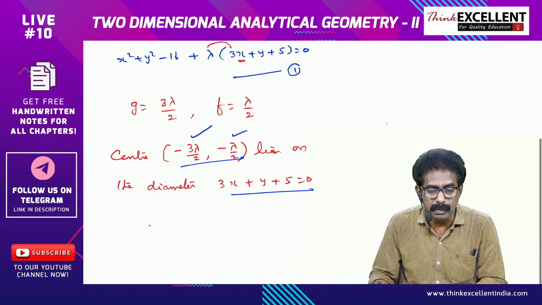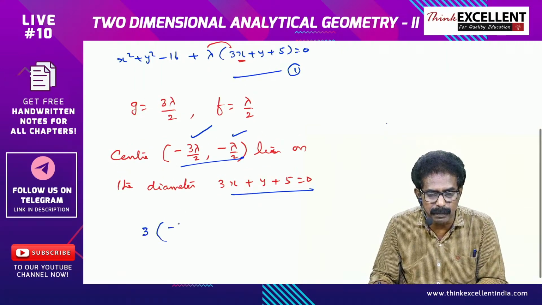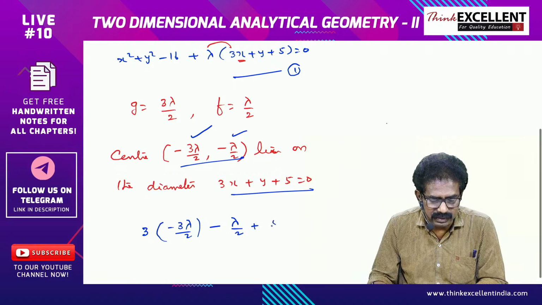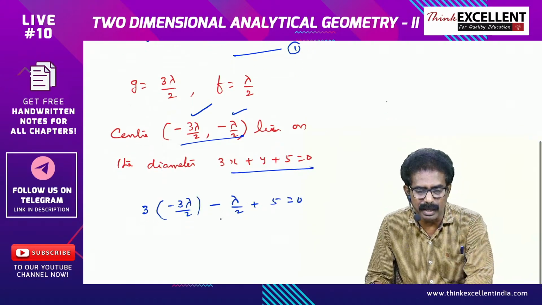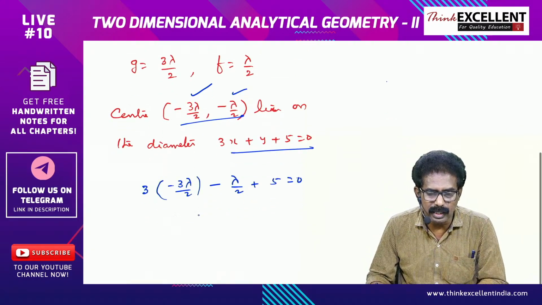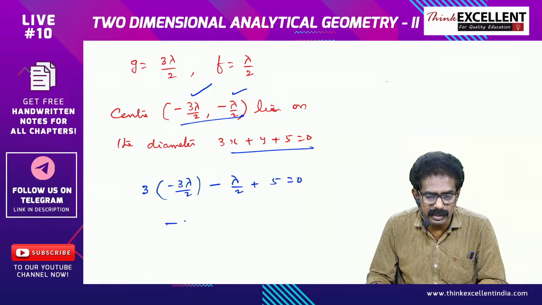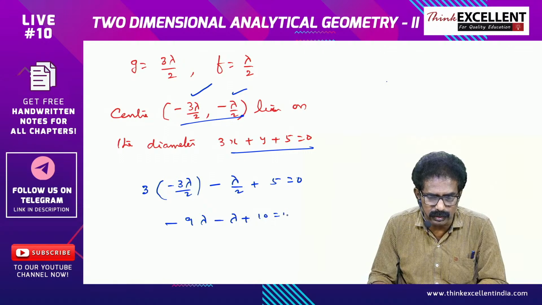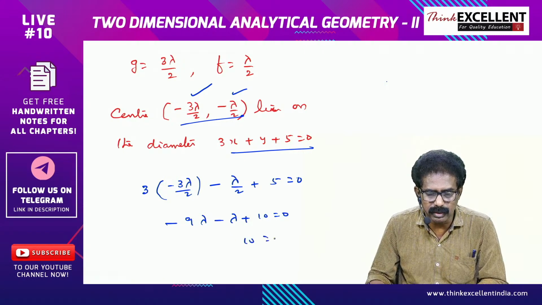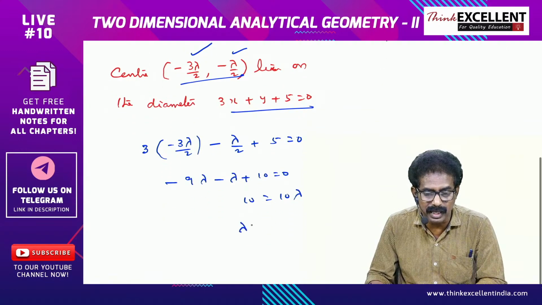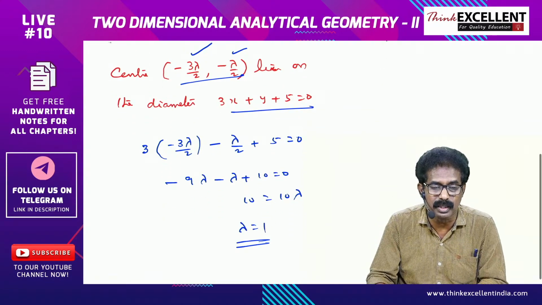So it must satisfy 3 into minus 3 lambda by 2 plus minus lambda by 2 plus 5 equal to 0. You can find lambda from here. Multiply everything by 2. So minus 9 lambda minus lambda plus 10 equal to 0. So 10 equals 10 lambda. Lambda equal to 1. That's all. Lambda is equal to 1.